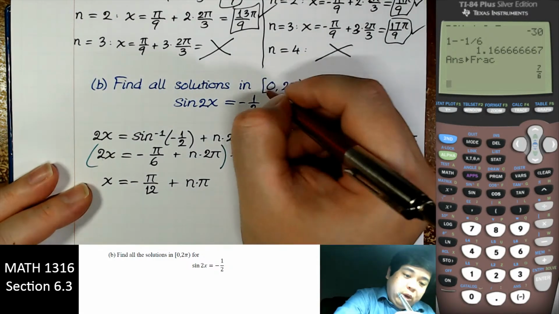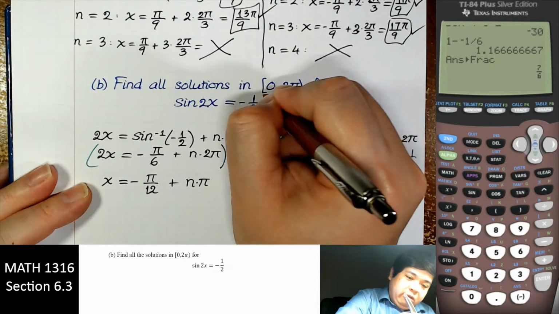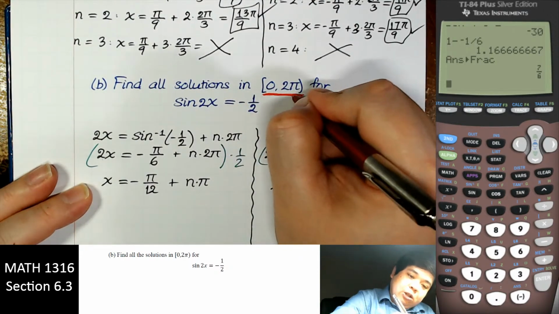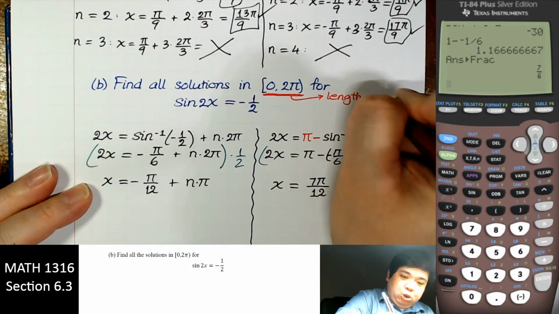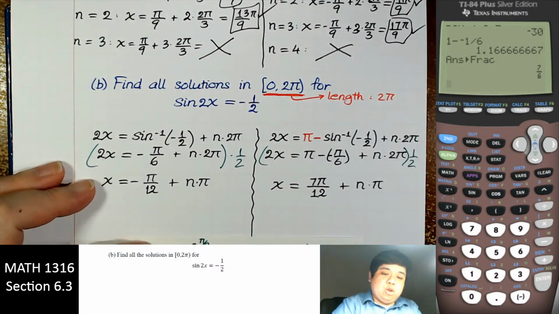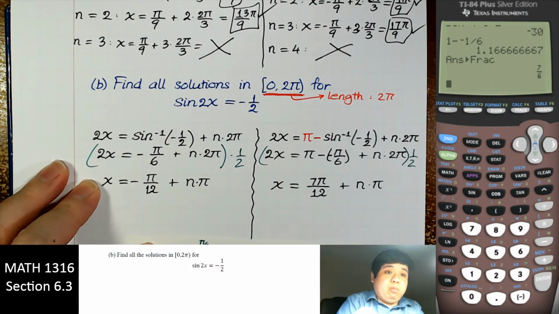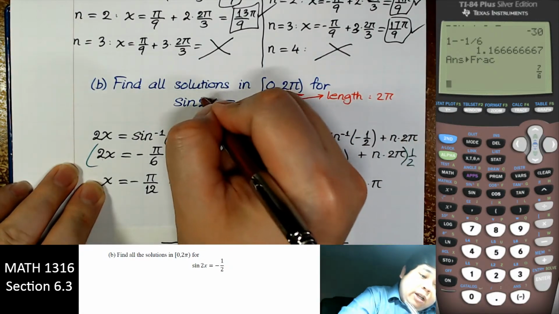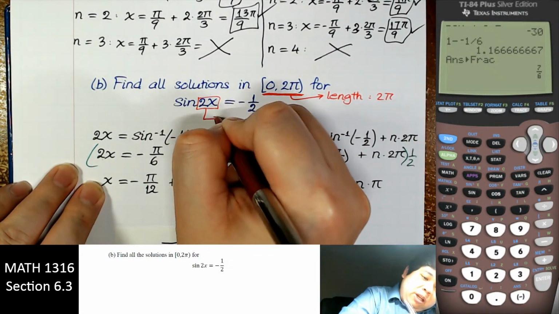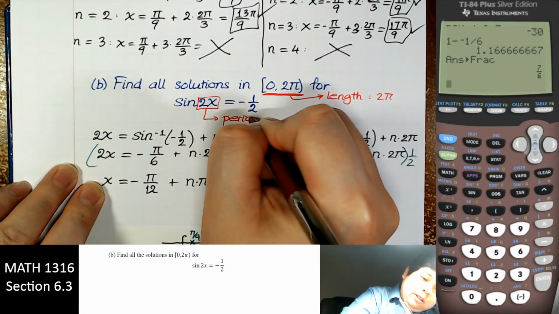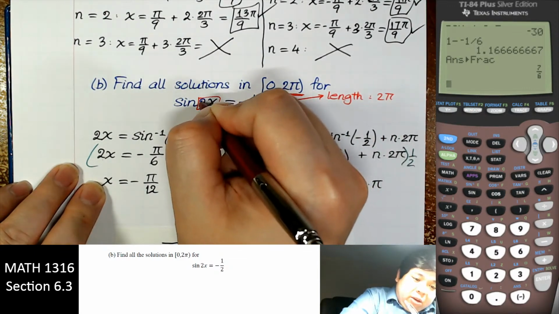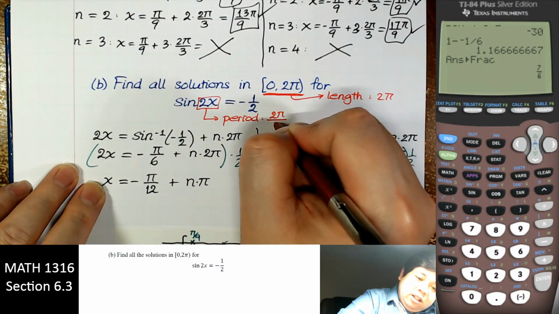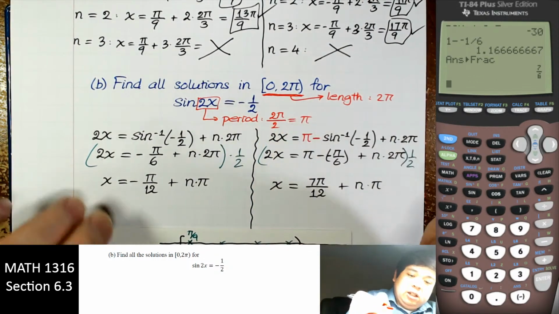And also in here we have 0 to 2 pi. So how many values of n do we need here? The length of the interval is 2 pi. So the total length is 2 pi. How many of these can we put in? For sine 2x, the period is 2 pi divided by the coefficient of x, 2, which is pi.